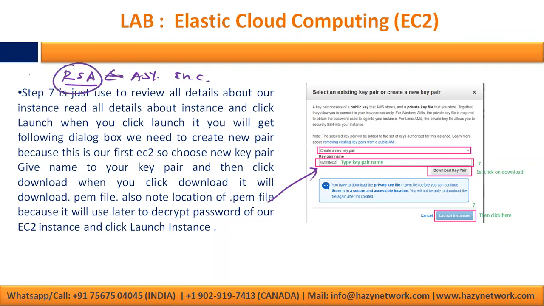What is asymmetric encryption? Asymmetric encryption means two keys are used to encrypt and decrypt the traffic. For example, I will use the key Cisco and I'm sending one packet. So for this packet, my key is Cisco.